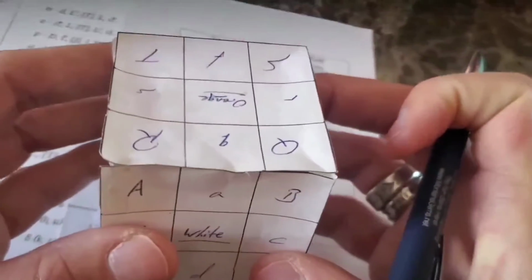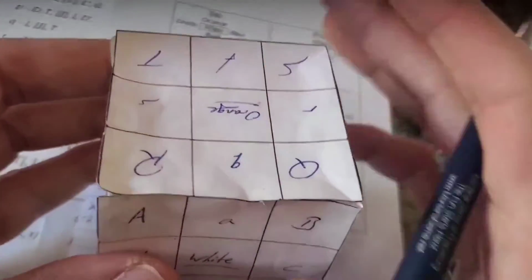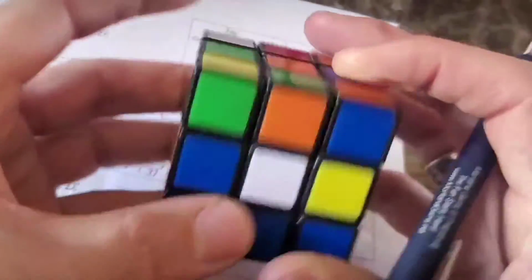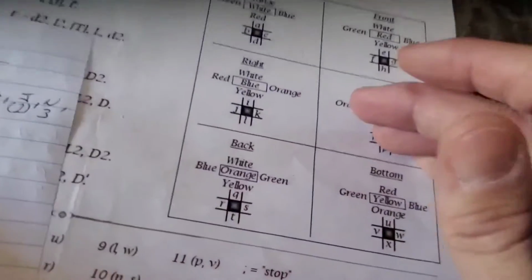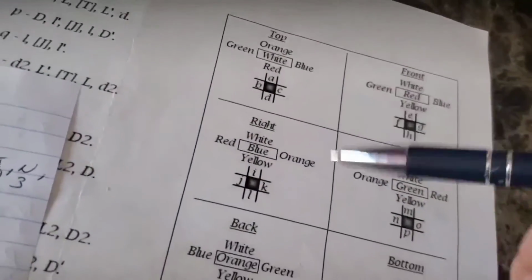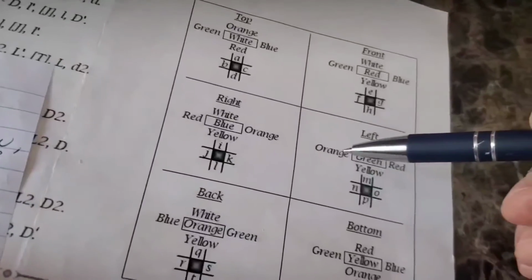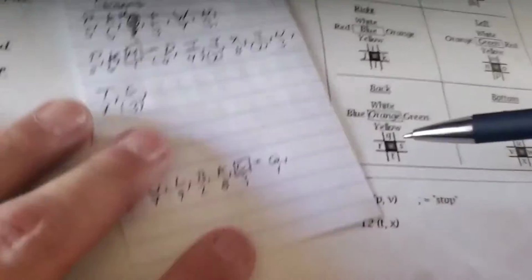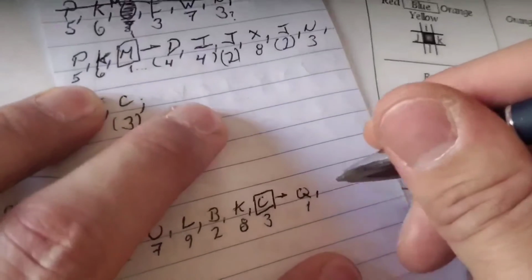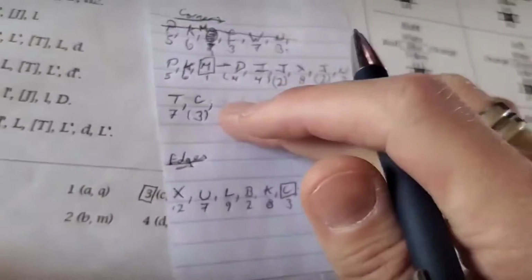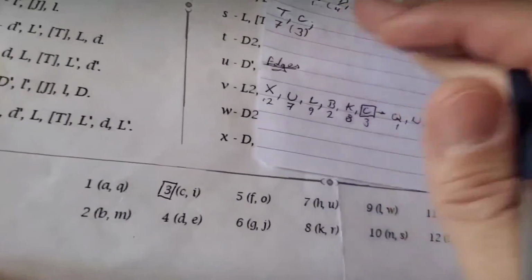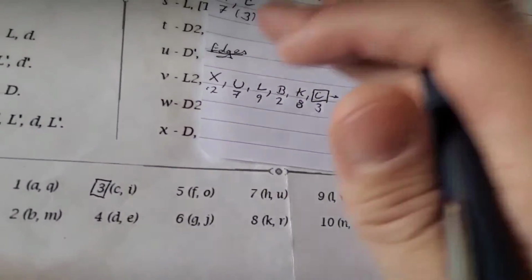Okay, so then we look at this. There's Q. So that's green, orange. Green, orange is N. N is 10th position.